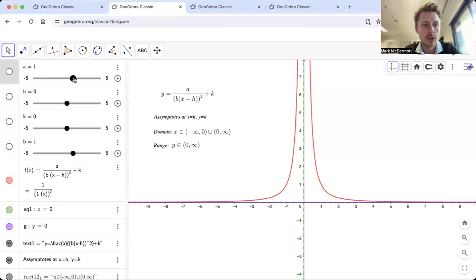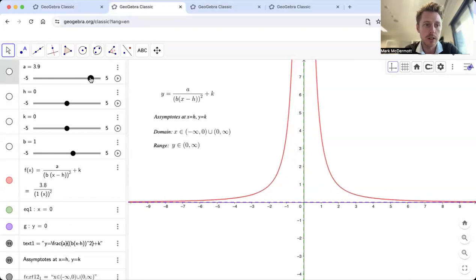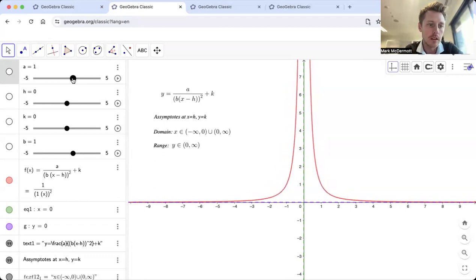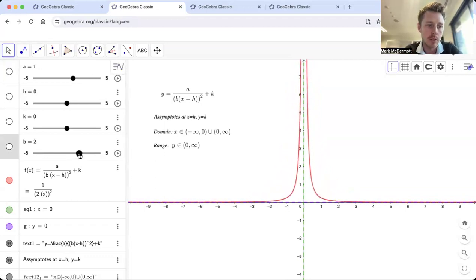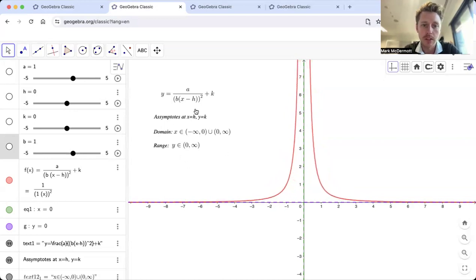Okay, so if we change A, again, dilation by a factor, in this case, 4 from the x-axis. And similarly, change B. Now, this would be a dilation by a factor of 1/2 from the y-axis because it's 1 over B. Okay, now for the basic function 1 over x squared, where H is 0.